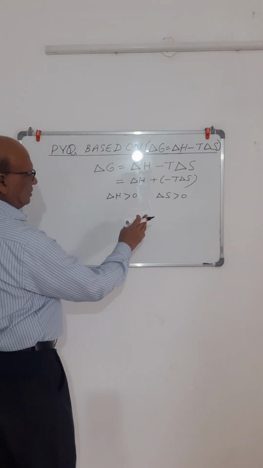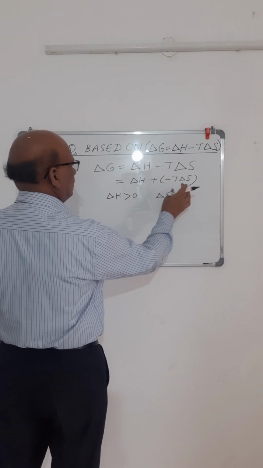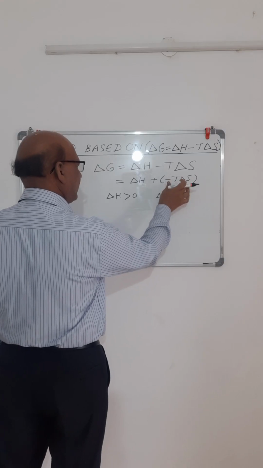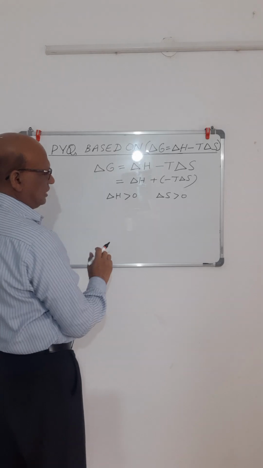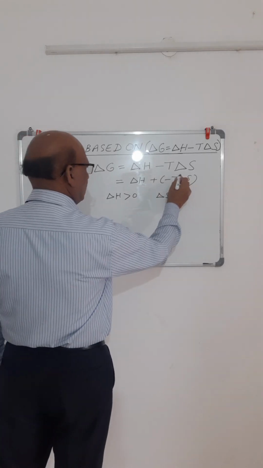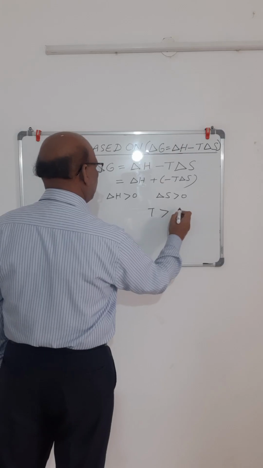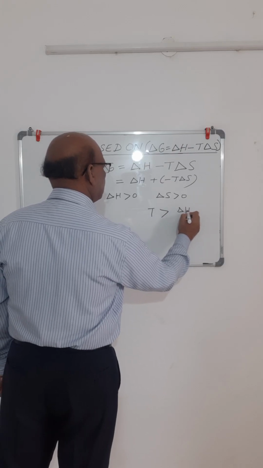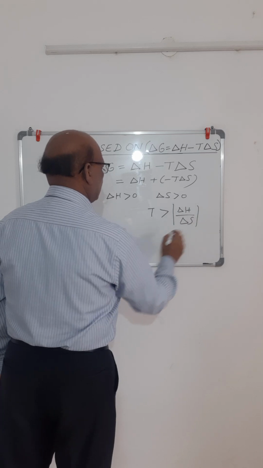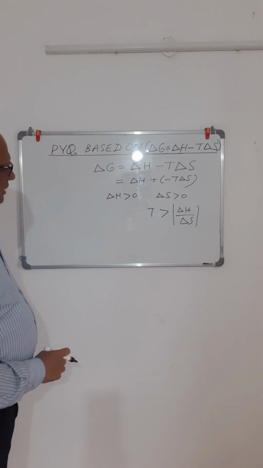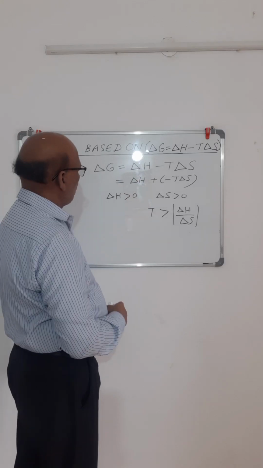So in this case, for this reaction to become spontaneous, this negative term has to be higher than positive term, then only the summation will be negative. So for negative term to become higher, this temperature has to be higher than delta H divided by delta S. When this temperature is higher than delta H upon delta S, then only this delta G will become negative.